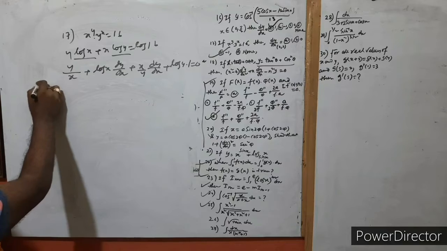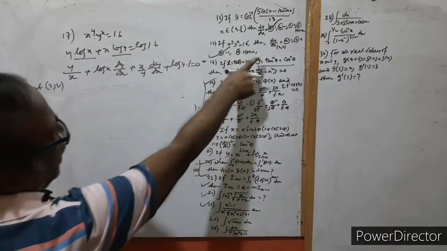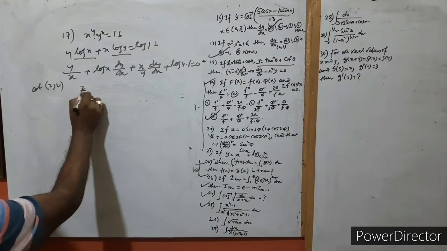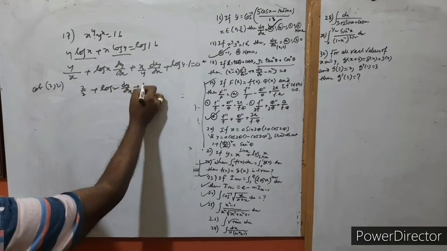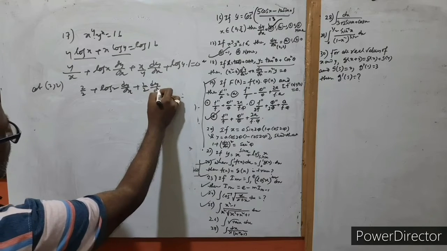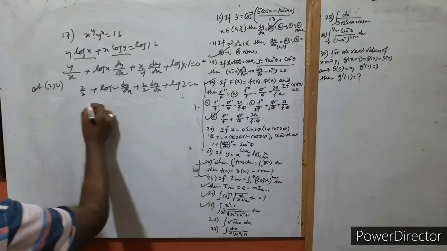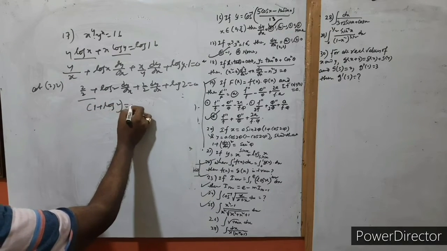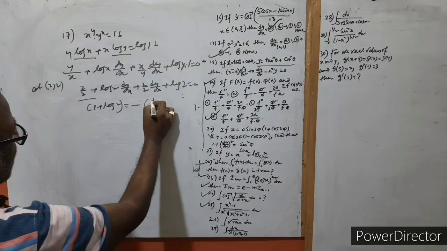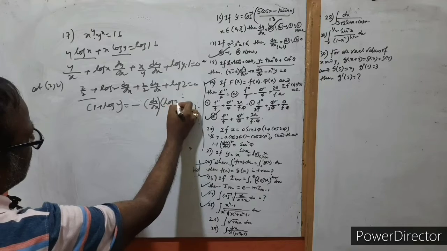And now we want to find the value at 2 comma 2. It is given that this is 2 comma 2, so 2 by 2 plus log 2 dy by dx, plus 2 by 2 dy by dx, plus log 2, equals 0. From that we can write 1 plus log 2 is minus dy by dx times (log 2 plus 1).